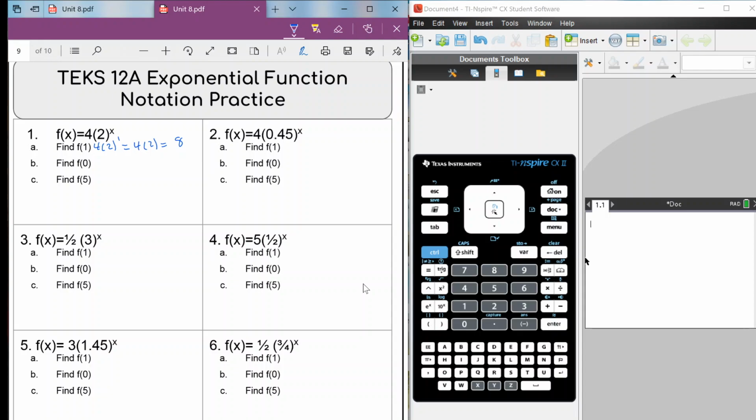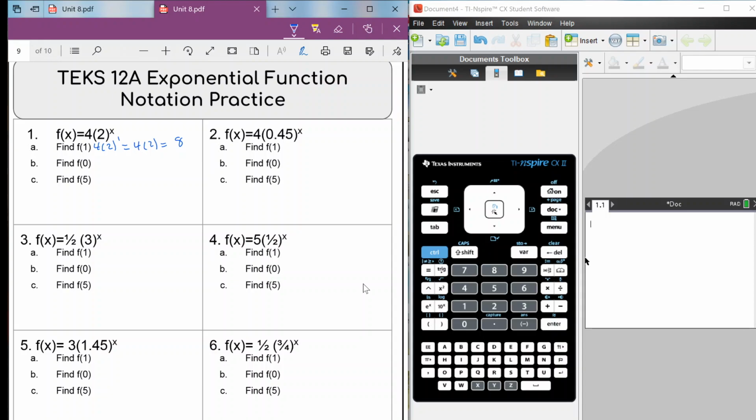Okay? And then if you notice from the last video, I gave you that critical thinking question that said, if we plug in 0 for x, what would happen? So we learned that if we plug in 0 for x, we are going to find the y-intercept. And we know that the y-intercept is the number outside of the parentheses.